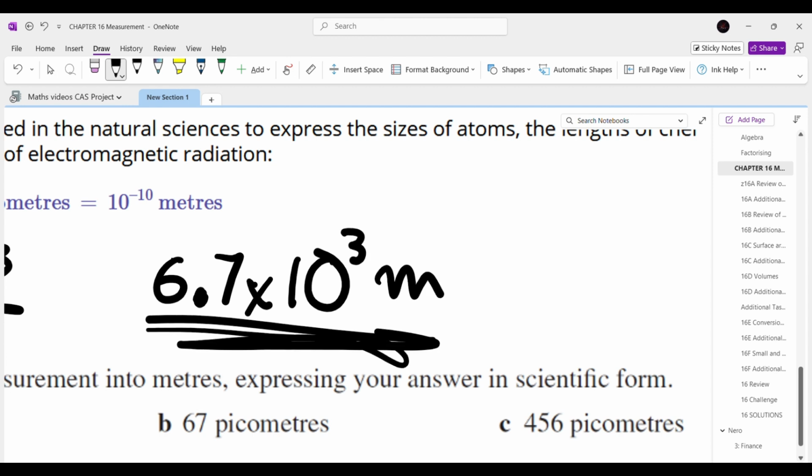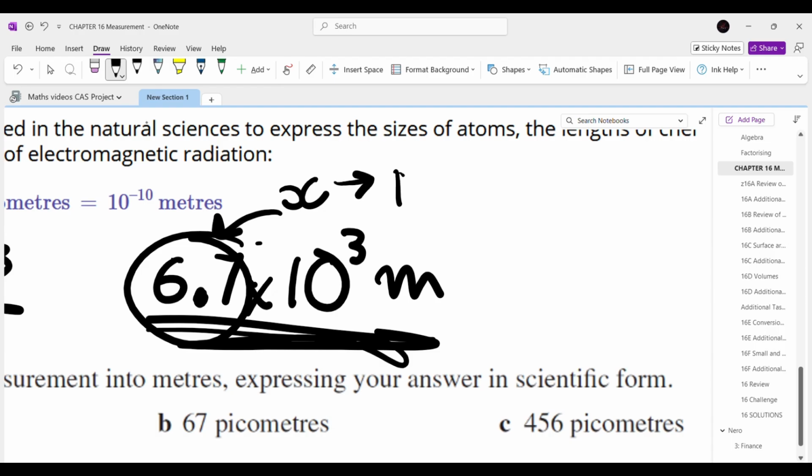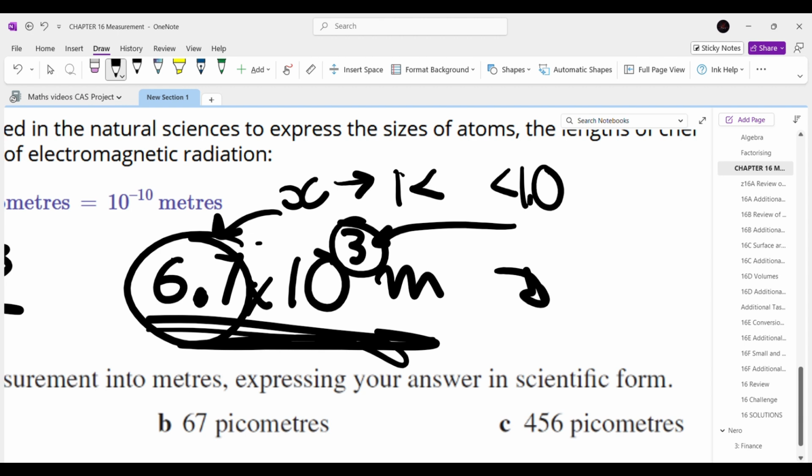This is how you write it in scientific form, making sure that you only have one value. So this value right here, we'll call it the x value. Your x value needs to be between 1 and 10, but it can't be 10, because then 10 would just become 0.1, and you'd add it on to the prefix up here.